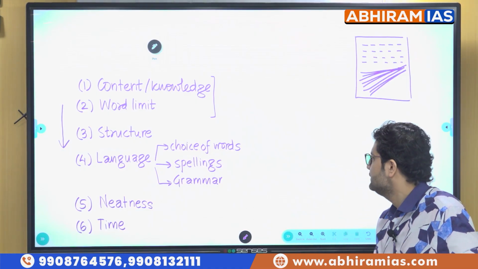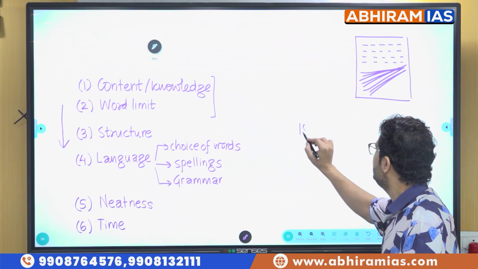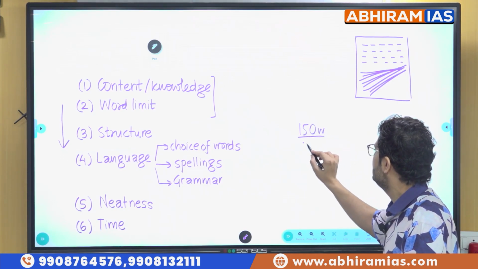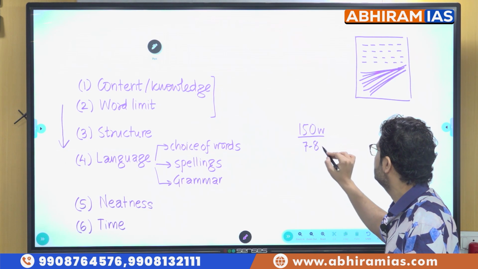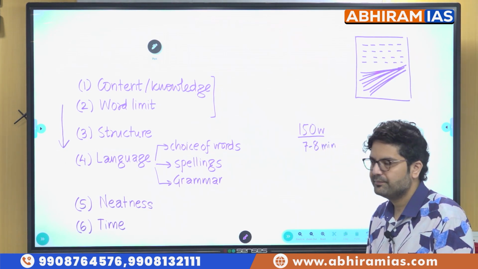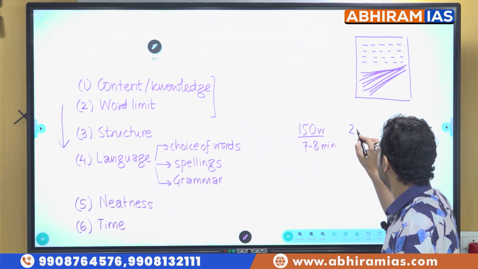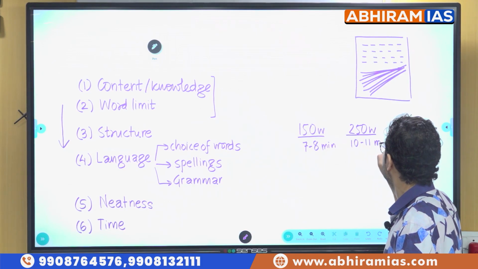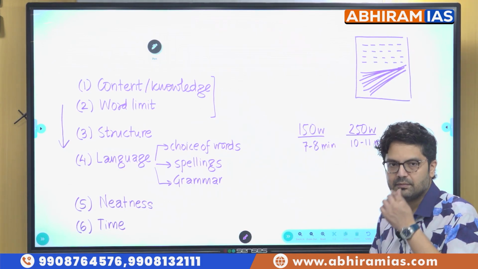But nevertheless, a 150-word answer should ideally be written in 7 to 8 minutes. Okay. And a 250-word answer should ideally be written in 10 to 11 minutes. That's it.